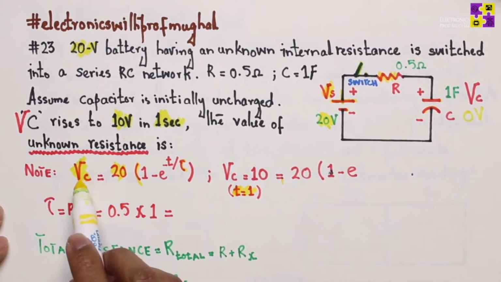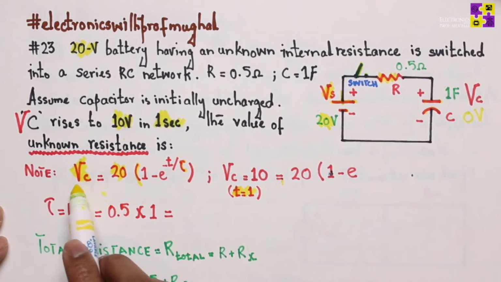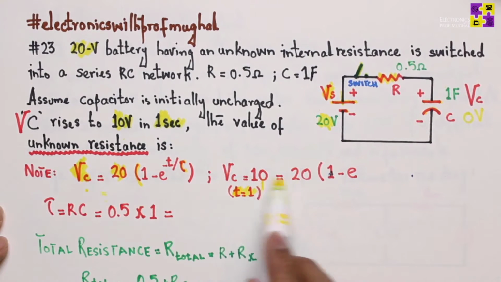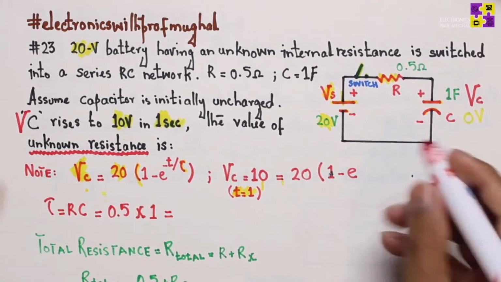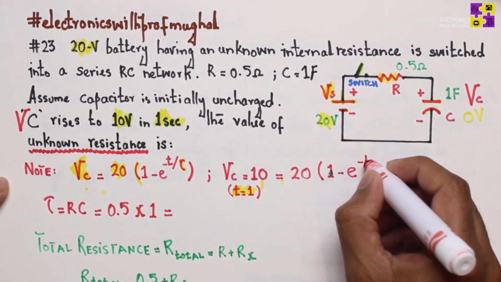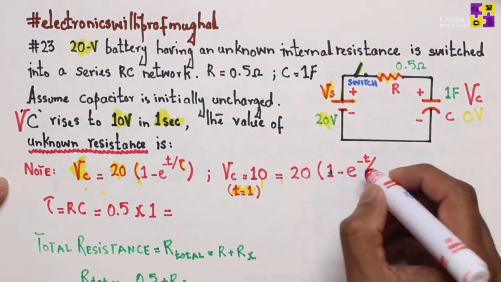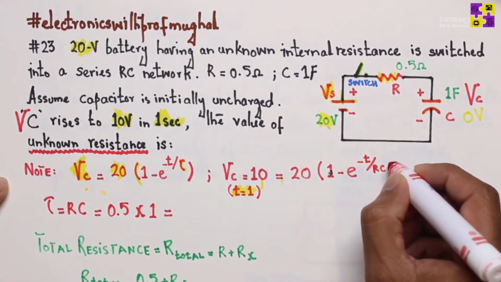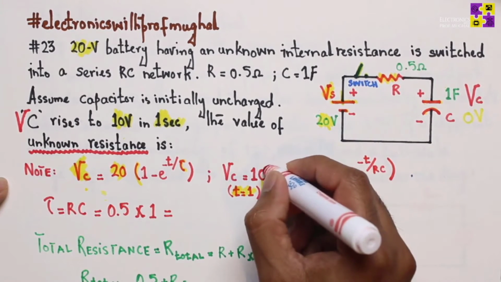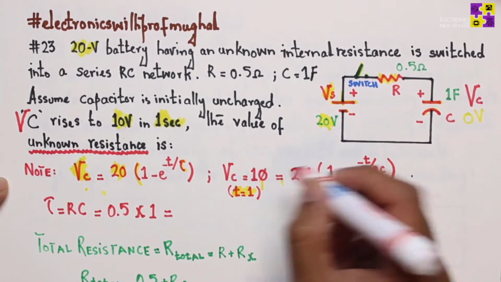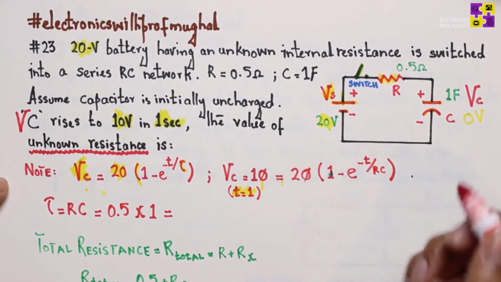So I can replace VC with 10 and rewrite the whole equation, replacing tau with RC. We all know that right here, right? I'm going to cancel 0 and 0 here, and then take 2 to the left hand side of the equation.